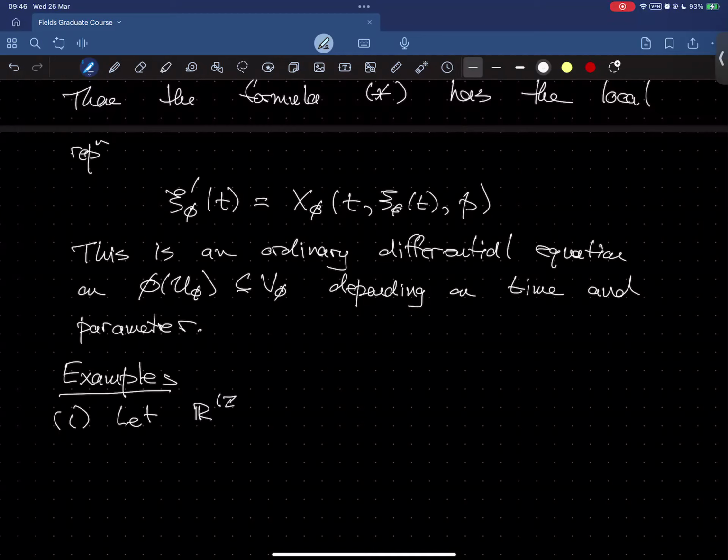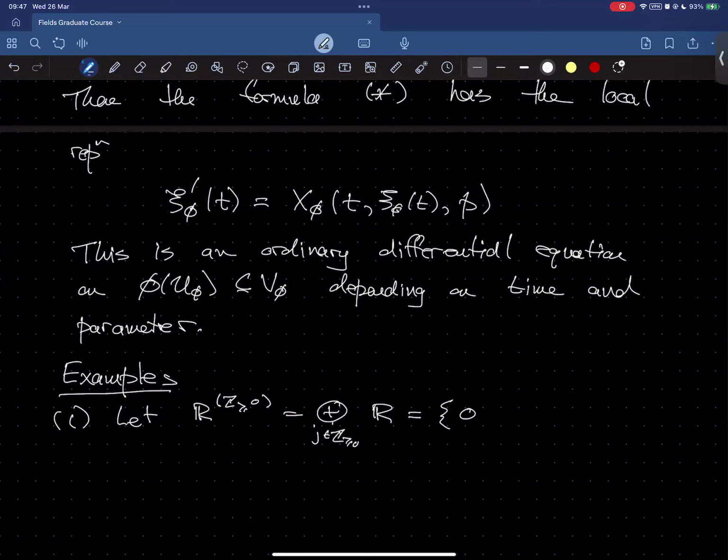Okay, so the first example. So it involves something we haven't talked very much about, and that's direct sums. But in this particular case, it's easy to give an explicit definition of what this thing means. So this is going to be the set of mappings.